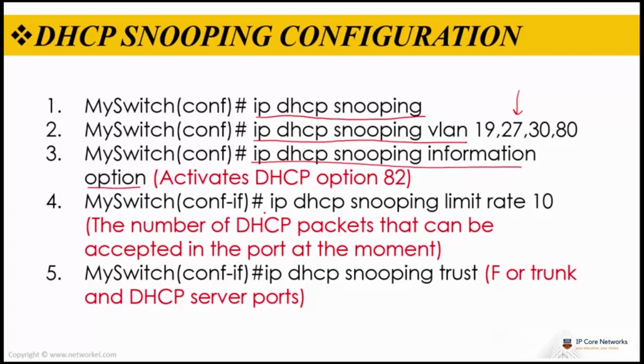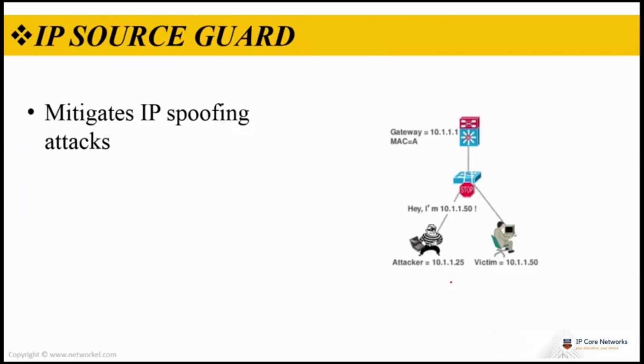Then on the interface level, we need to define the ip dhcp snooping limit rate command for the access ports, which defines the number of DHCP packets that can be accepted on the port at that moment. And fifth, in interface mode again, on the trunk port, we need to use the ip dhcp snooping trust command, and that's it.